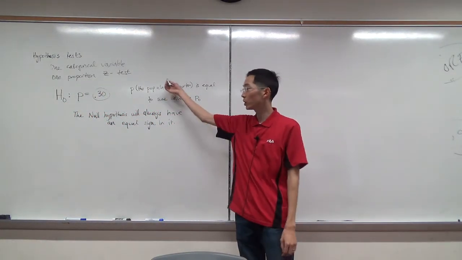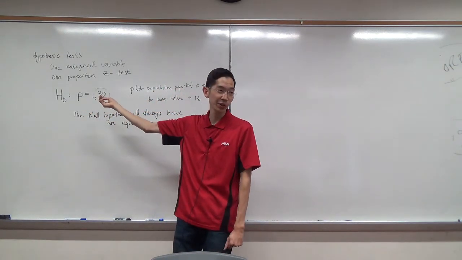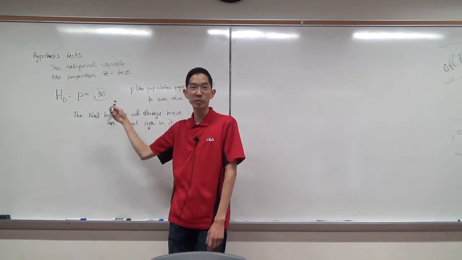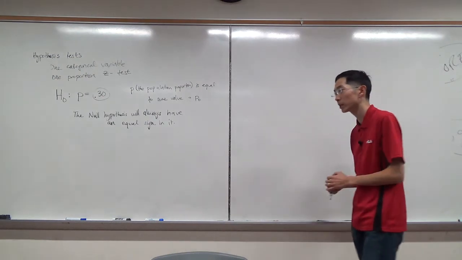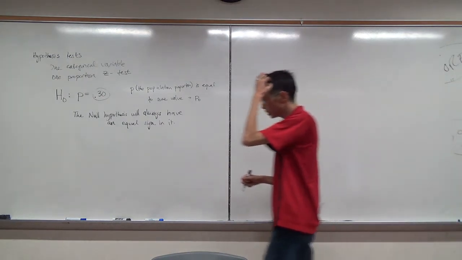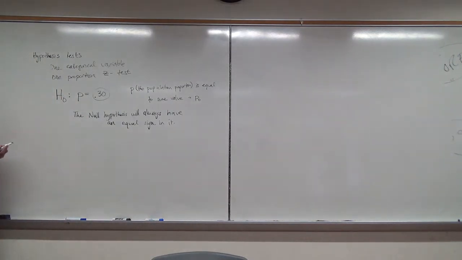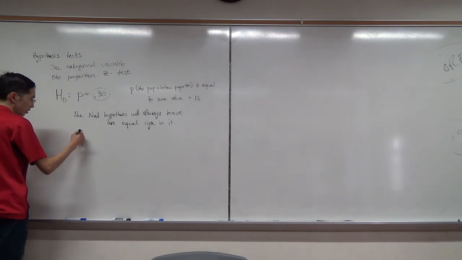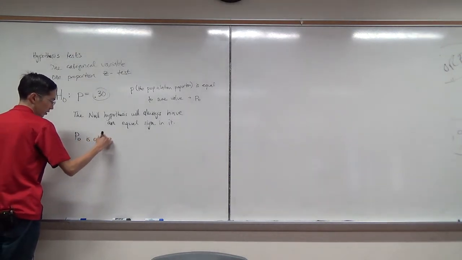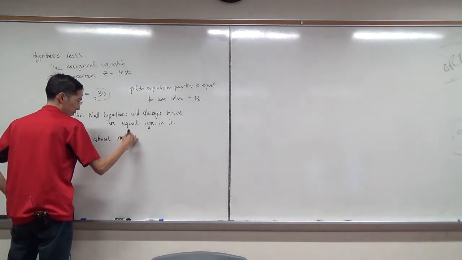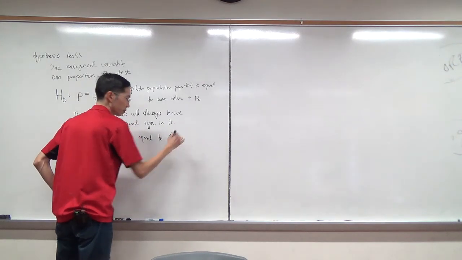When we're dealing with one categorical variable, it's always going to be p, the population proportion, is equal to some number. You have to read the problem carefully to figure out what that number should be. As a rule of thumb, that number is almost never going to be your sample proportion. So p0 is almost never equal to p hat.